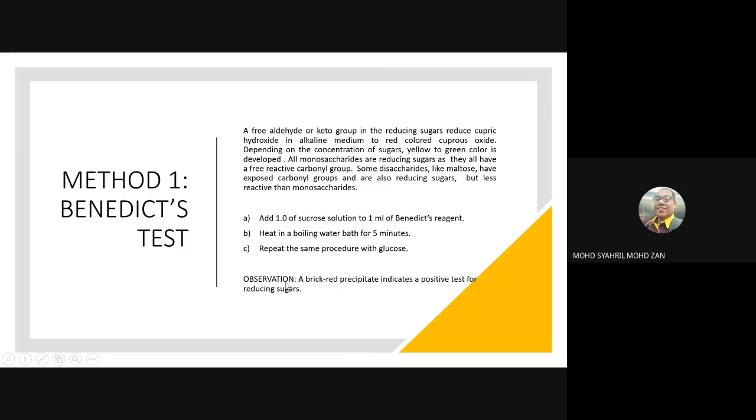Observation or expected result: a brick red precipitate indicates a positive test for reducing sugar. For the Benedict test, it causes a change in the cuprous ion, or cuprous oxide. The cupric ion is in our Benedict reagent, and the reagent works in an alkaline environment. Alright, continue.